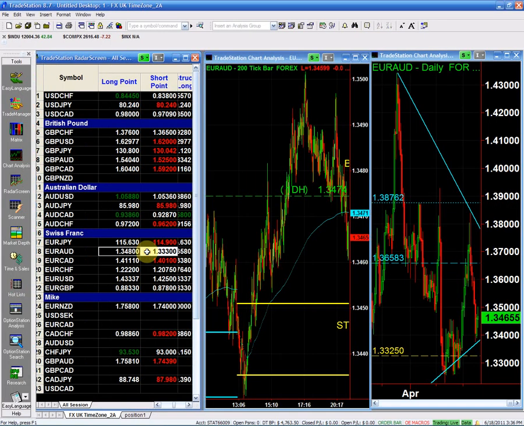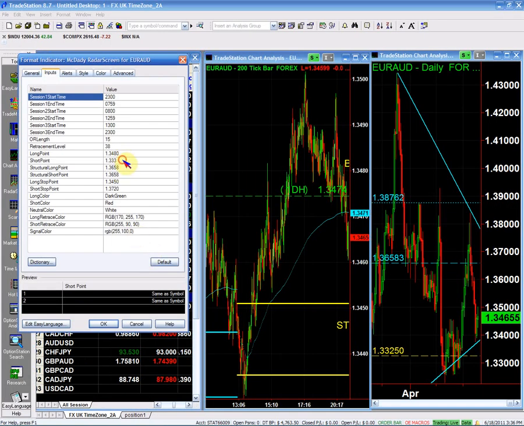Okay, and that is also going to be my structure short. The reason is that it's going to lead to the continuation of the downtrend. So 133.74, and in that case that's also going to be my stop.